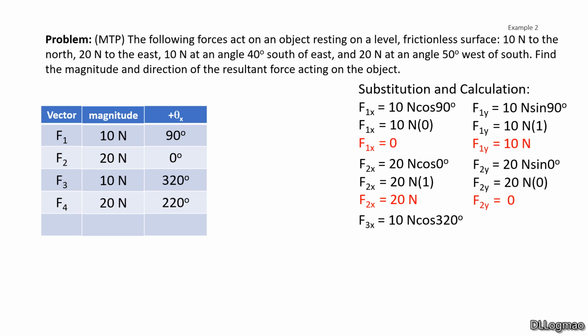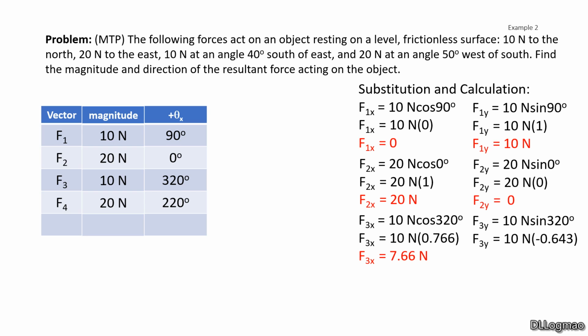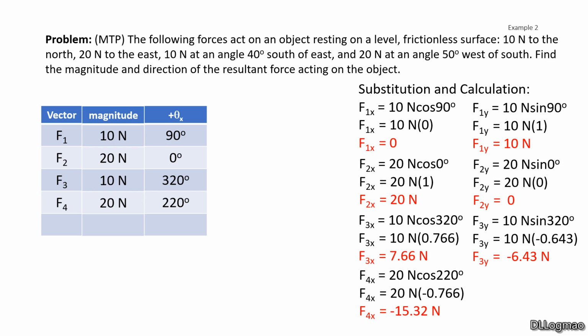The x component of f sub 3 is 7.66 newtons. And the y component is negative 6.43 newtons. The x component of f sub 4 is negative 15.32.